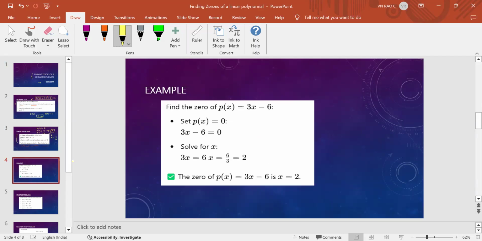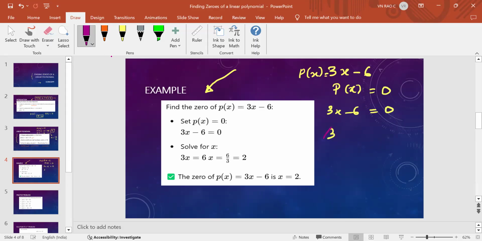Now, let us take one example. 3x minus 6 is given as a polynomial, and we are asked to find the zero of this polynomial. We set p of x equal to 0, so 3x minus 6 is equal to 0. We take the 6 to the other side, so 3x is equal to 6.